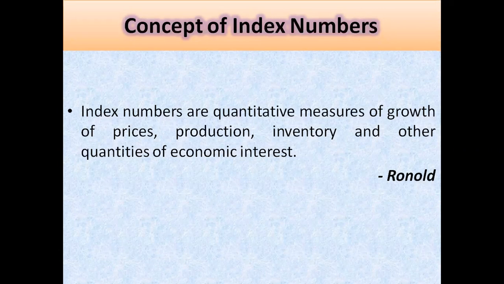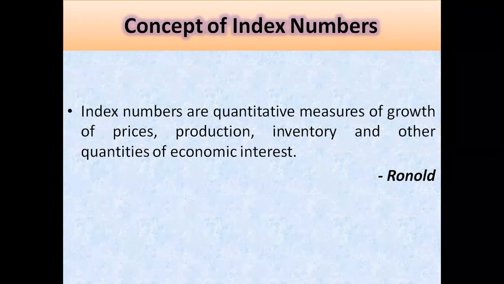So in a very simple manner, we can say that it is a number which shows how the average of commodity prices, maybe wholesale or retail prices, wages, etc., changes over a period of time. To know that change in a particular period of time, suppose from year 2015 to 2020, what are the increments in the labor charges, that we can calculate with the help of index numbers.